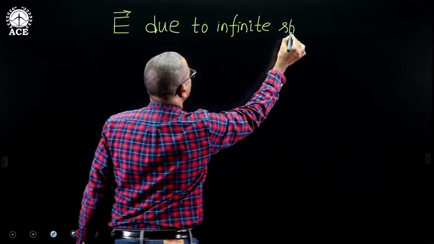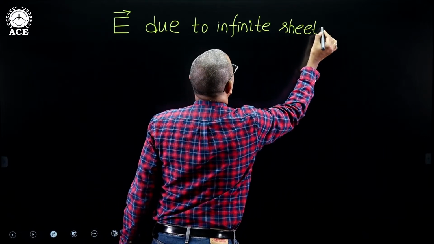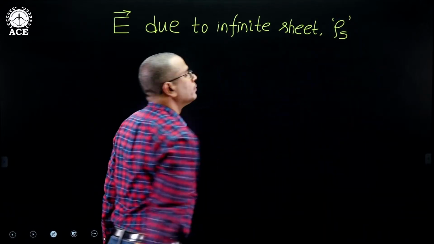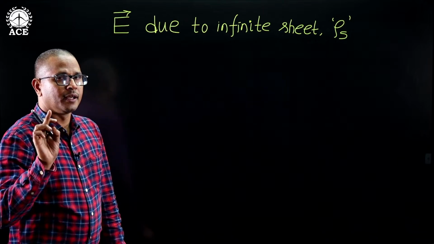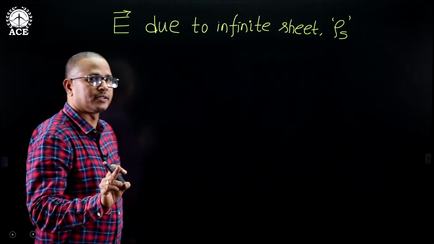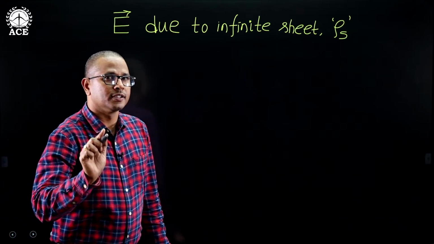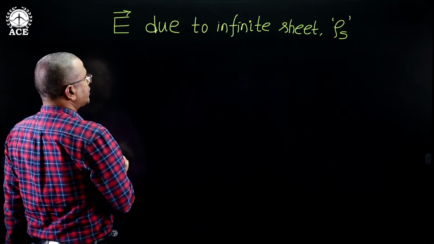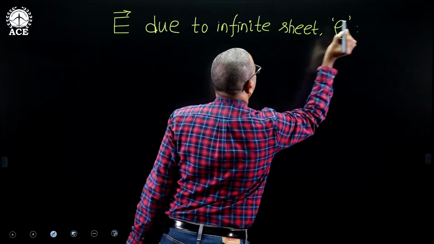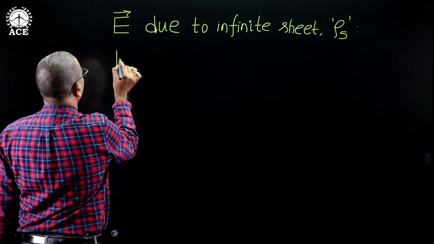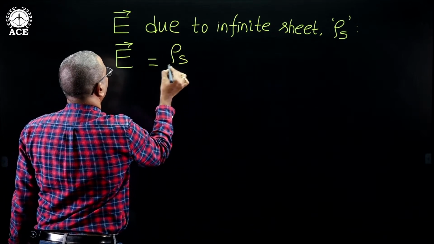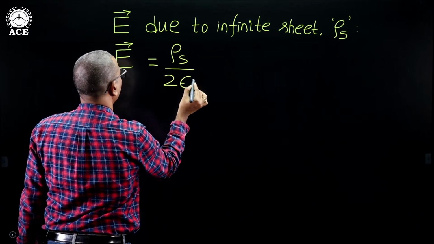Electric field intensity due to an infinite sheet with uniform charge density rho s, Coulomb per meter square, where rho s is the surface charge density, defined as charge per unit area, is given by E bar is equal to rho s by 2 epsilon naught or epsilon, anything.